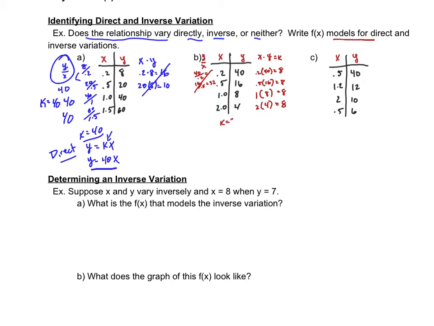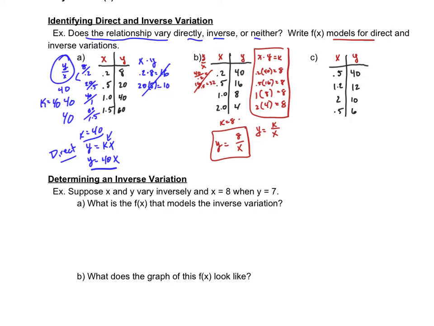All of them are now inverse, so y equals 8 over x, because if you remember, the formula was y equals k over x. So inversely, there we go. My constant of variation is 8.